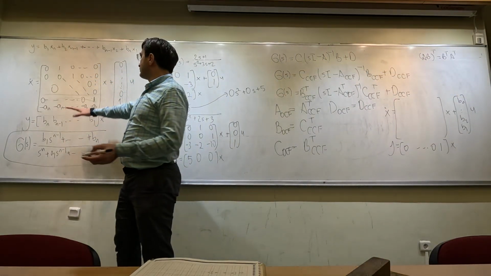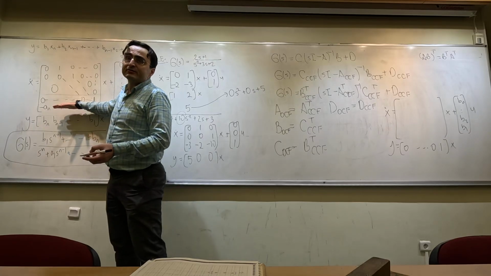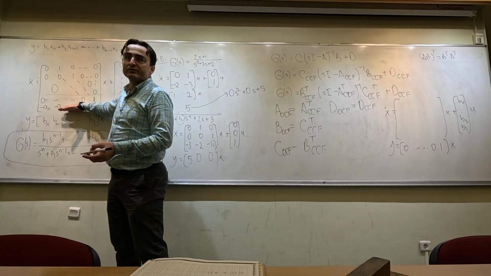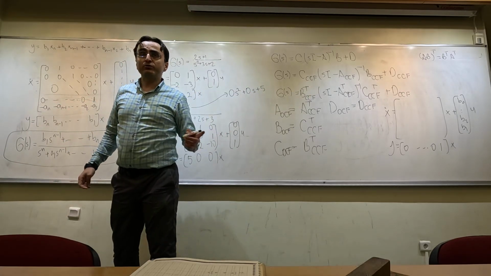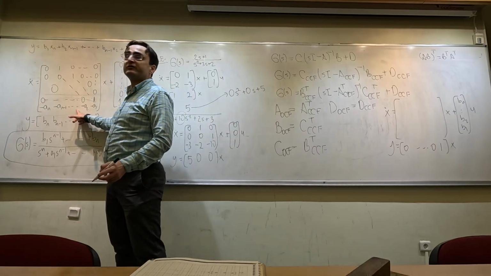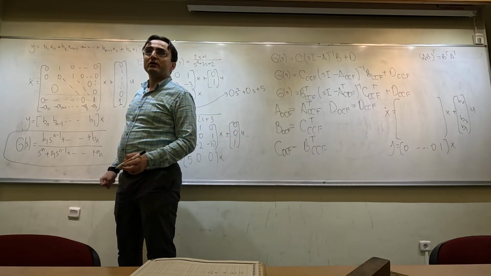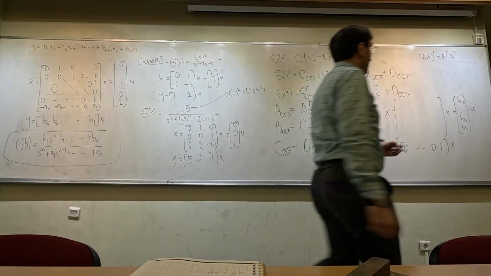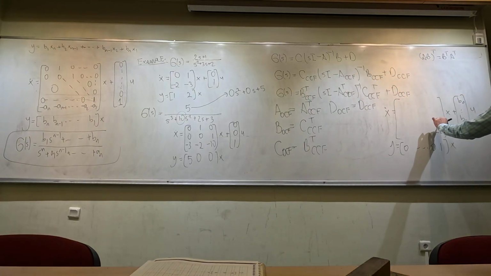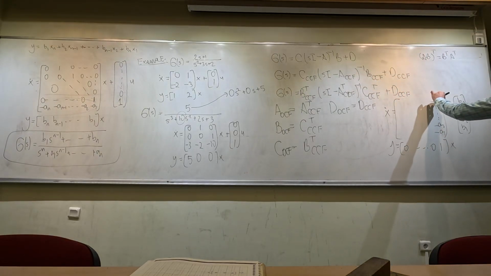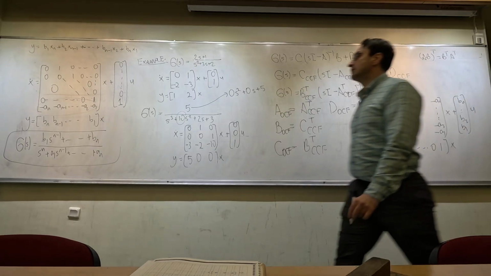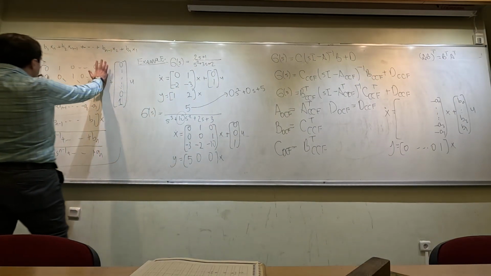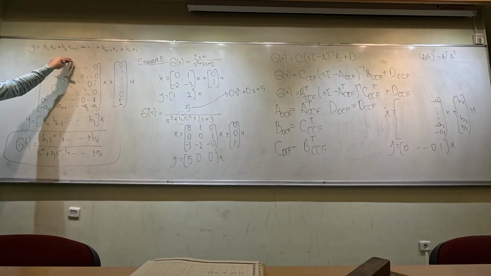In the A matrix of controllable canonical form, the last row was filled with A coefficients. In its transpose, where should I fill with A coefficients? In the transpose, it's going to be the last column: minus A1, minus A2, going until minus An. And the rest is 0 except for the super diagonal.